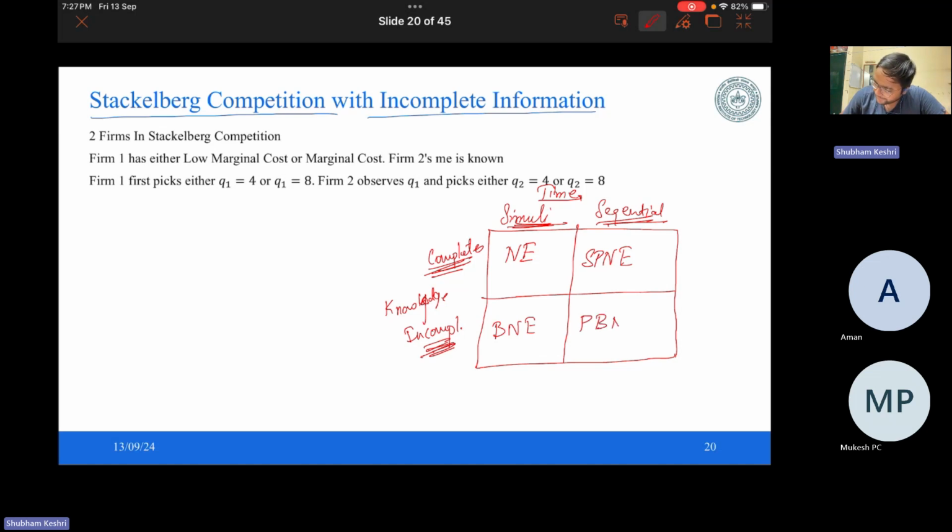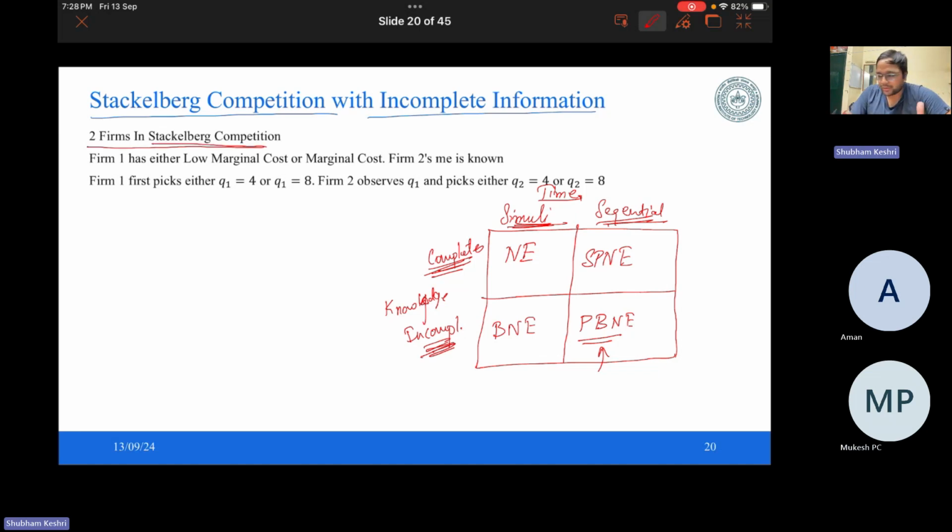Perfect Bayesian Nash equilibrium, or perfect Bayesian perfect Nash equilibrium, doesn't matter. So for a sequential move game, this equilibrium concept, perfect Bayesian Nash equilibrium, comes into play. All right. So over here, forget about this Stackelberg competition.